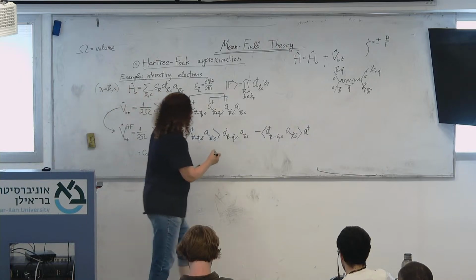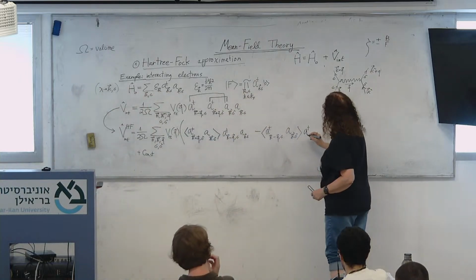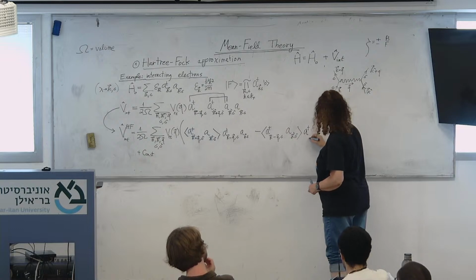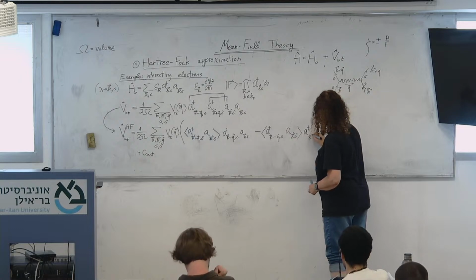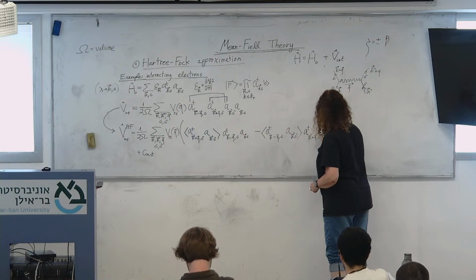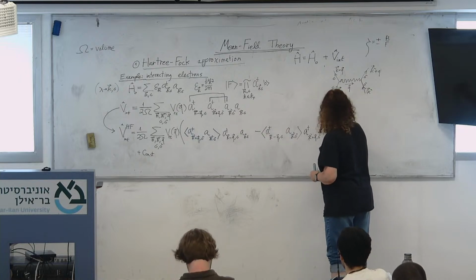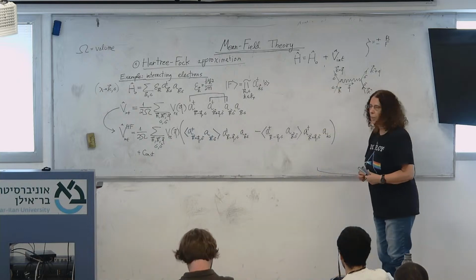Okay, so let me just finish writing it. So what did I leave? I left over K prime plus Q sigma prime and A K sigma. Okay, close bracket. This is all.